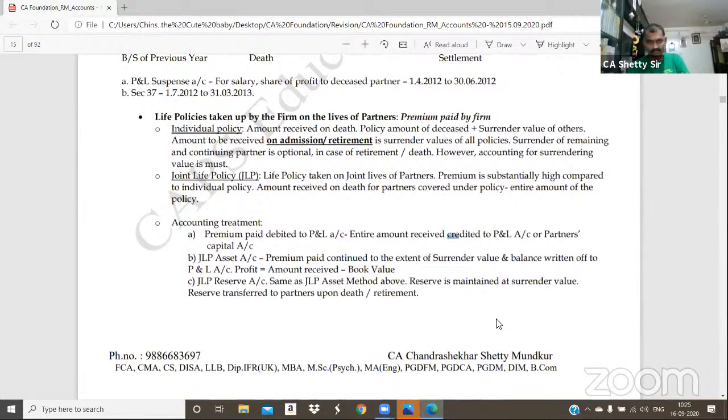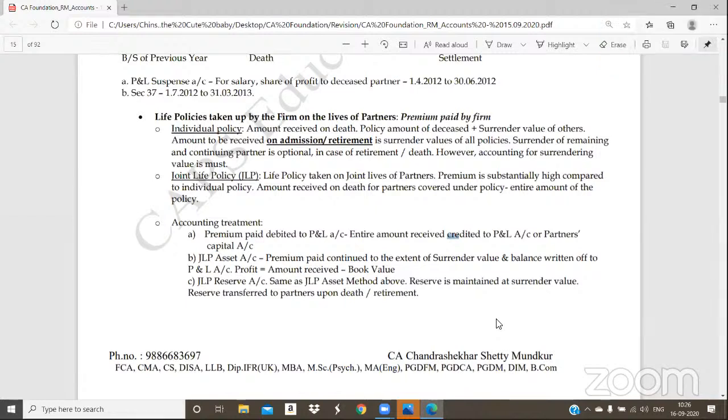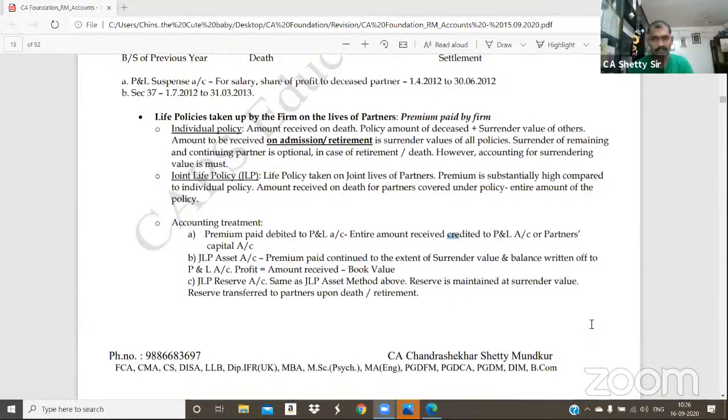Below that, amount received, credited to P&L. Example, below that, XYZ, JLP for 90 lakh. Premium debited to P&L yearly.